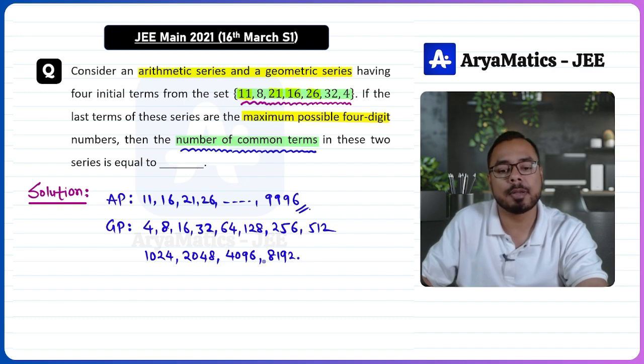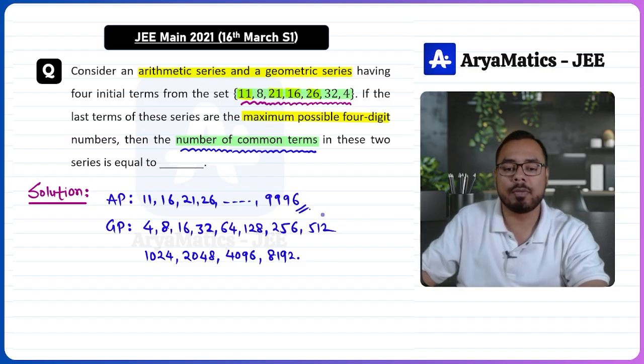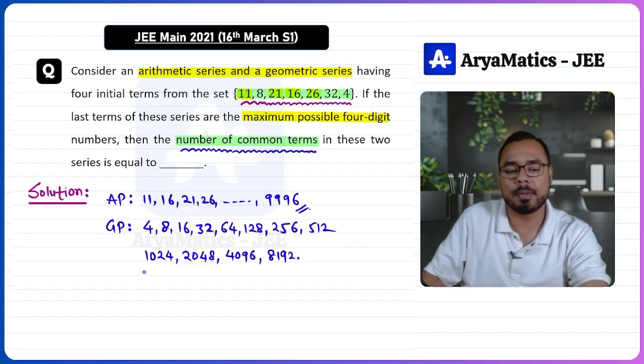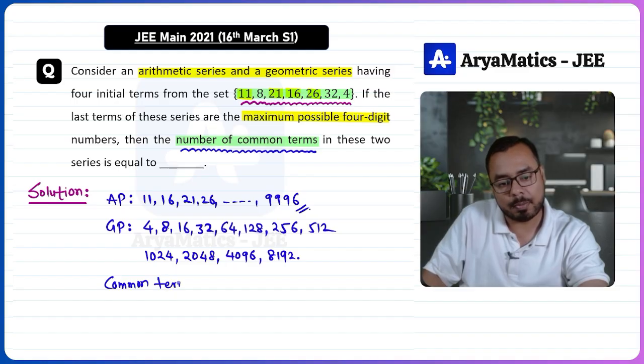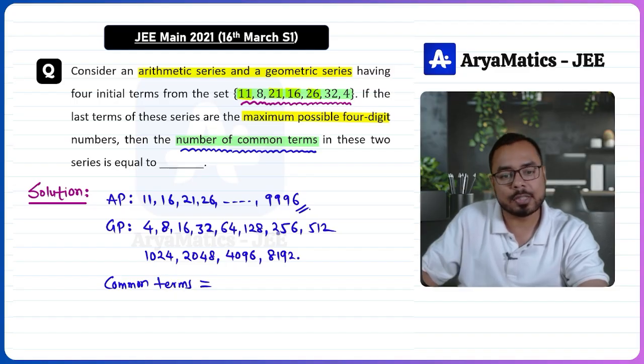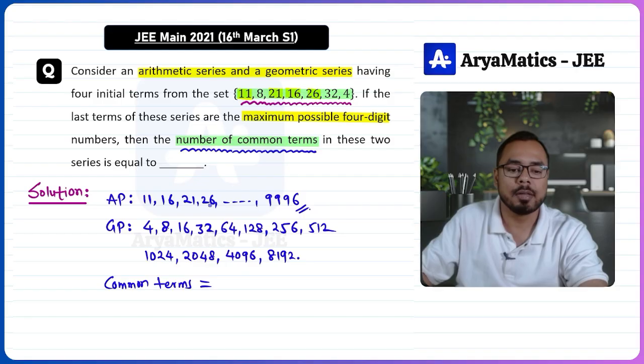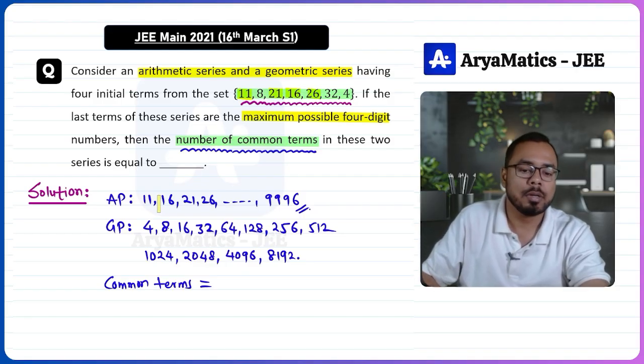After that, the next number will be bigger than the largest four-digit number. So these are the terms of the GP. And now we have to identify which terms are common in the AP as well as the GP, right? We have to identify the common terms here. So in case of the AP, you can very easily see that we have all the numbers of the form multiple of 5 plus 1.